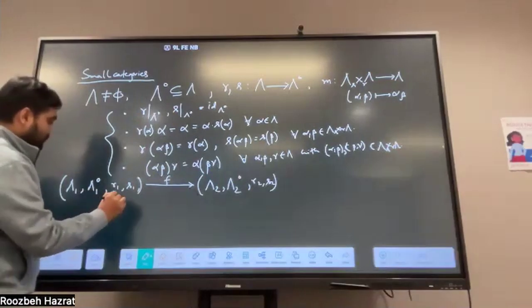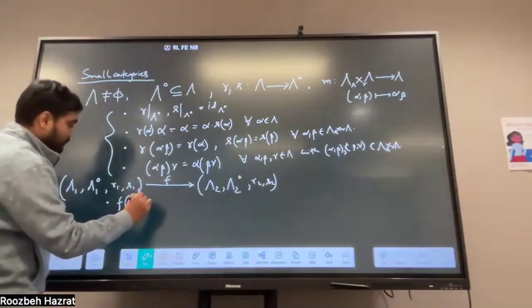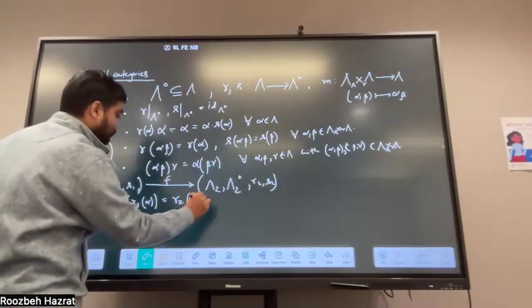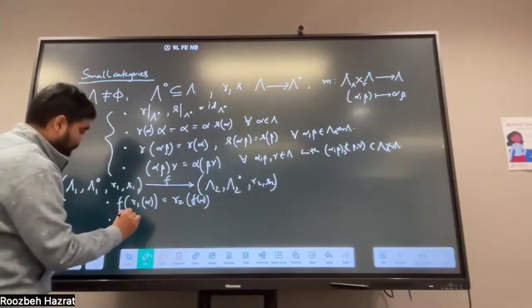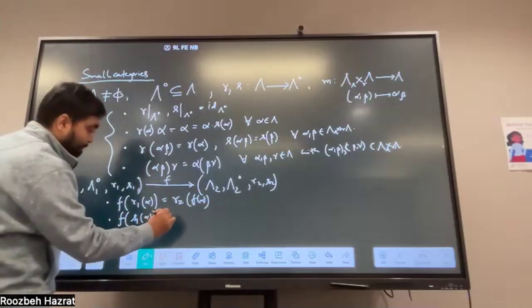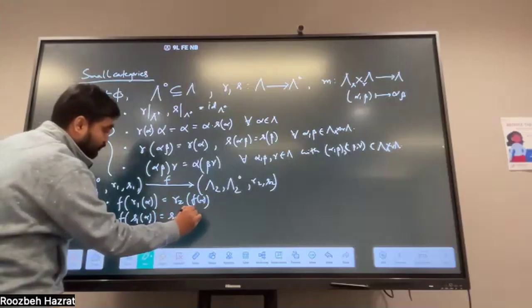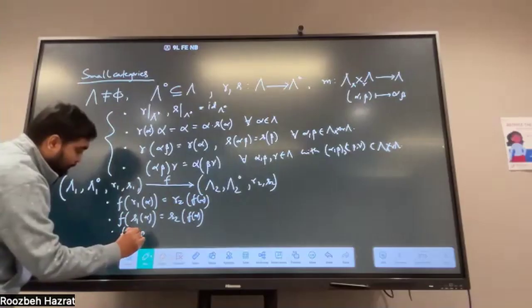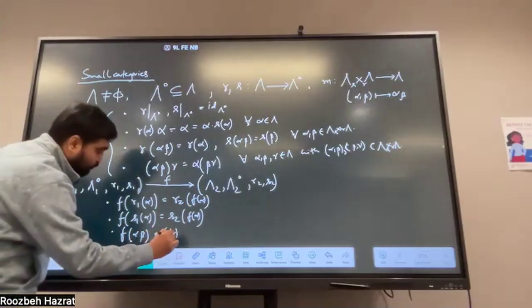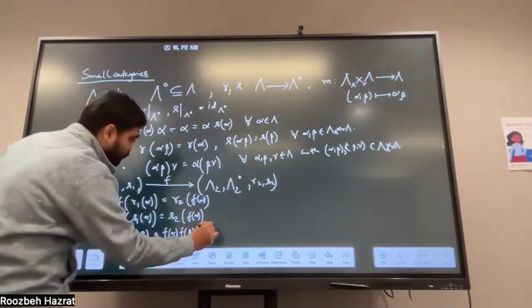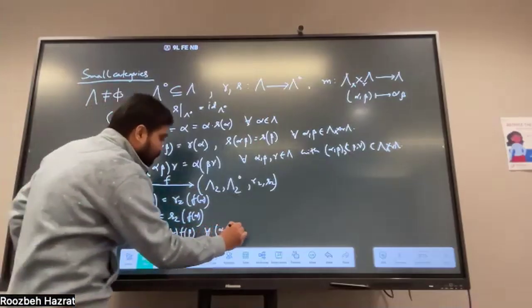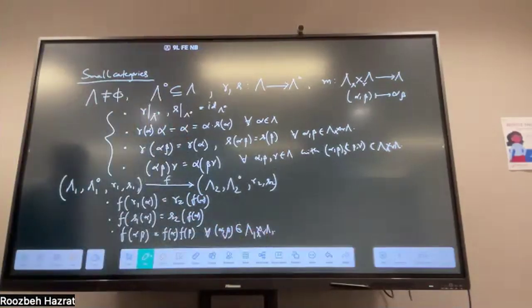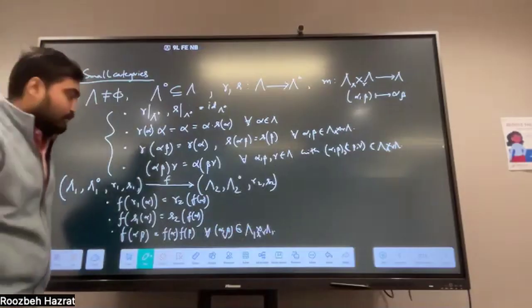That means it preserves the range, preserves the source, and also the composition, right? So this is called a functor.